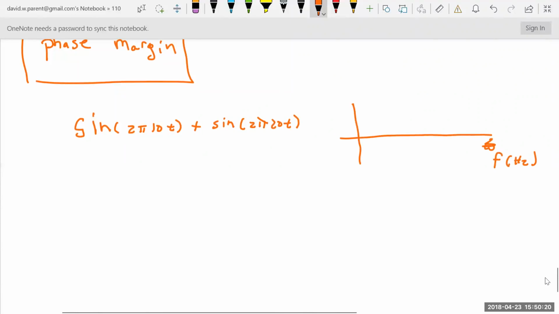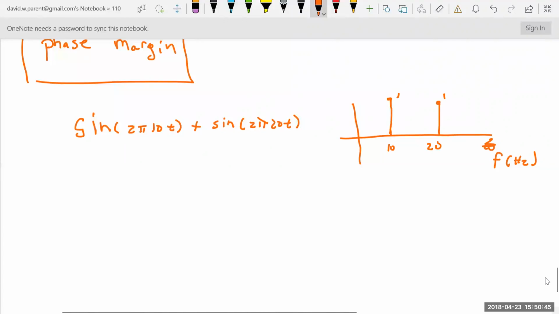It's just a linear summation, right? So I have a sine added to another sine. Now, it might look a little funky on the scope, but really you have something with an amplitude of 1 at 10 hertz, something with an amplitude of 1 at 20 hertz.